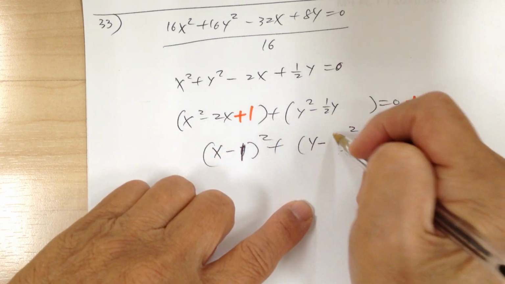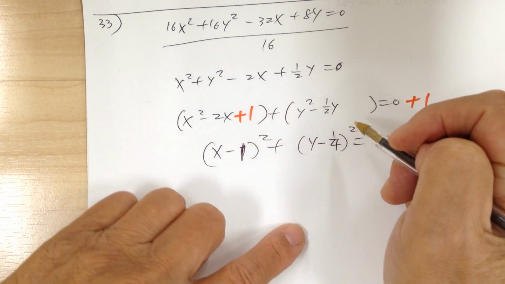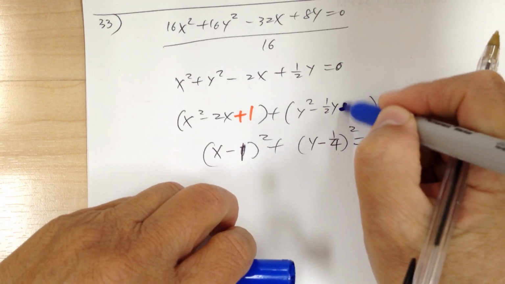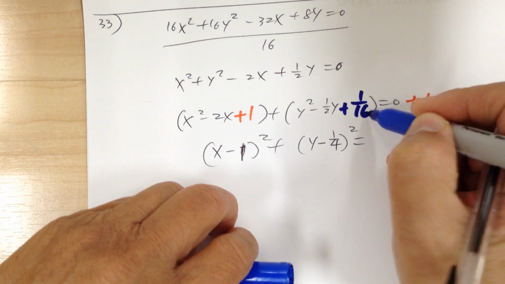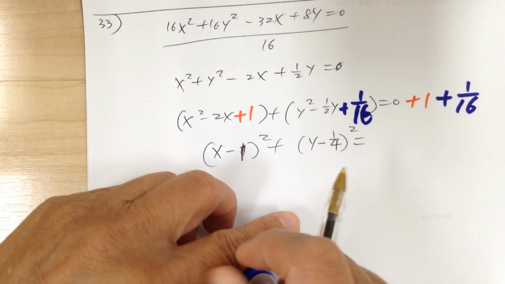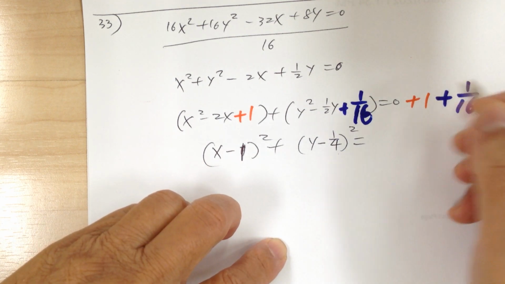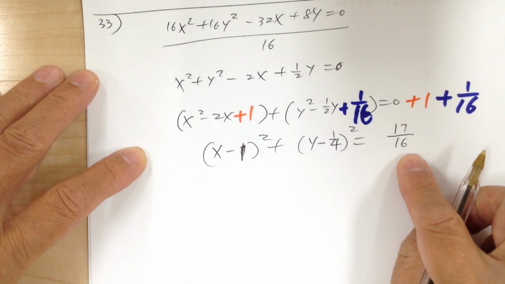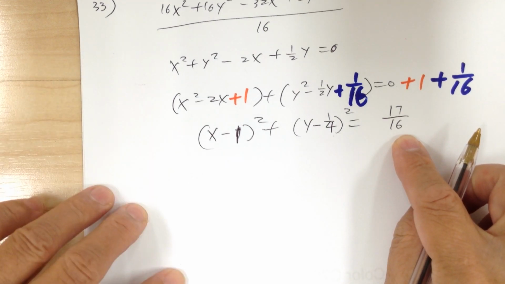So half of the half is 1 over 4. You just multiply this by half. So you need to plus 1 over 16. So this side becomes 17 over 16, right? 1 plus 1/16 is 17 over 16.